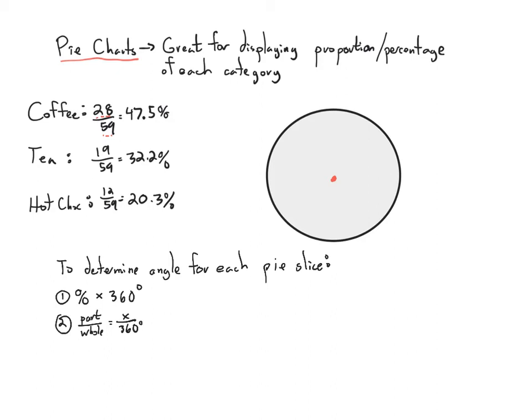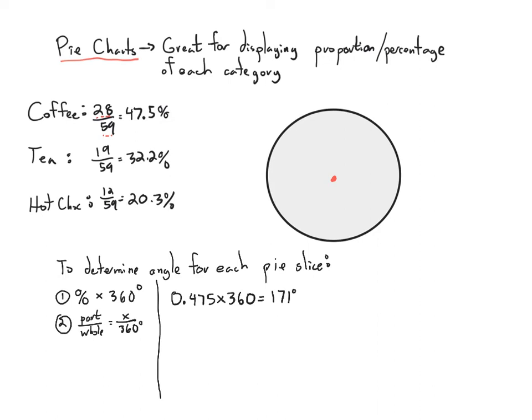So the first one, let's figure out the size of the slice for coffee. It needs to be 47.5% of our circle. If we were to draw this, obviously we'd need a protractor, but let's figure out the angle. We need 47.5% of 360, so it'll be 0.475 times 360, and we can do this by hand, or if you're allowed a calculator, you can use a calculator, and we get 171 degrees.